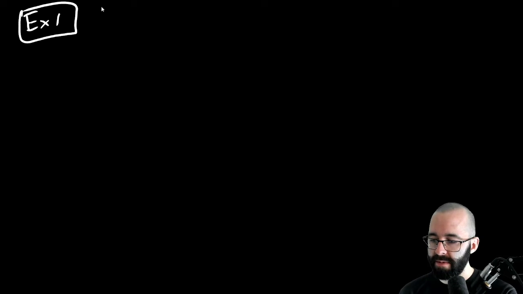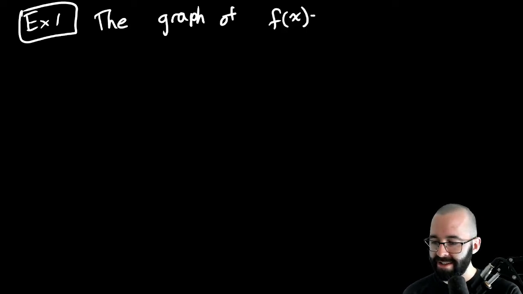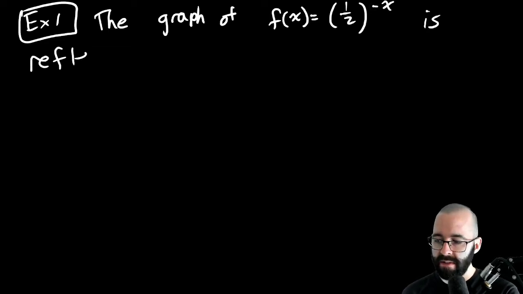Example 1. Oh, the sun came out. Nice. The graph of f of x equals 1/2 to the negative x is reflected about the y-axis.